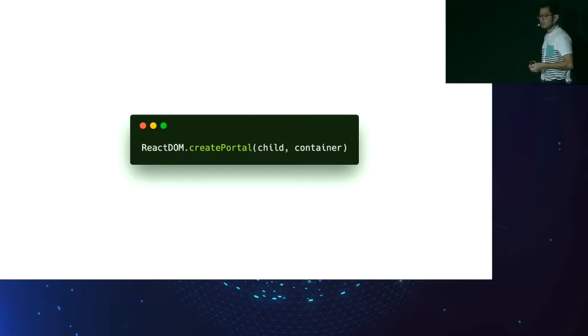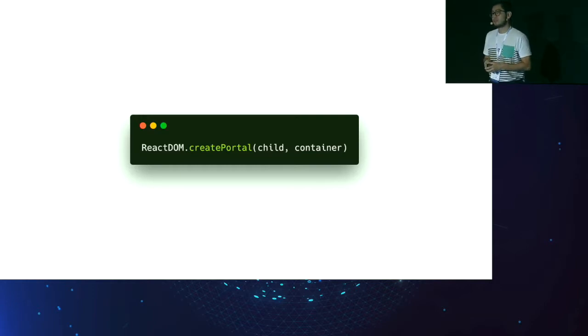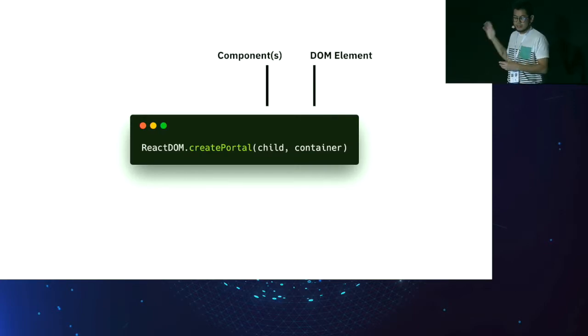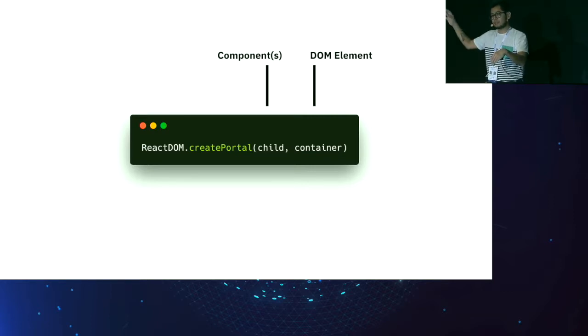With React portals, we are allowed to move the modal window outside the div we mounted the application. So they don't belong in the DOM tree at the same level. But for React, they do. And the API is something like this. The interface for that is really simple. When we create a portal, the first argument is everything I want of React, and it goes inside a container. That will be the DOM element.